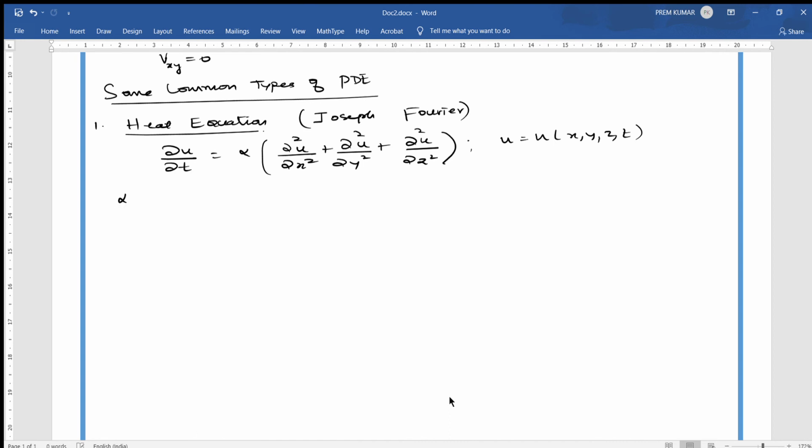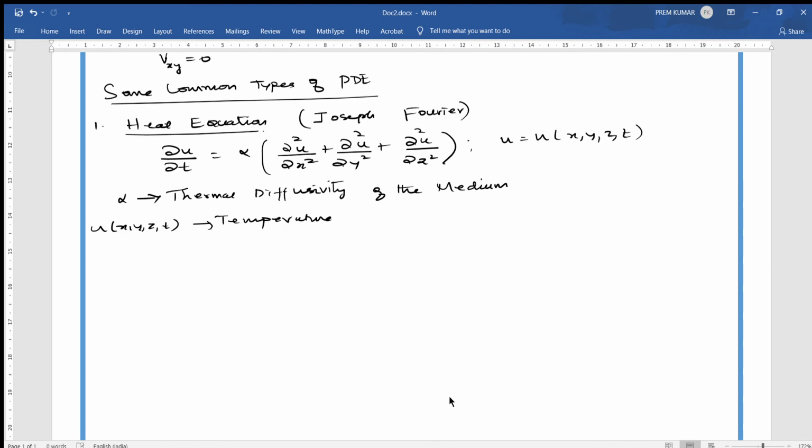Alpha is the thermal diffusivity of the medium, and u denotes the temperature at any point x, y, z at time t.